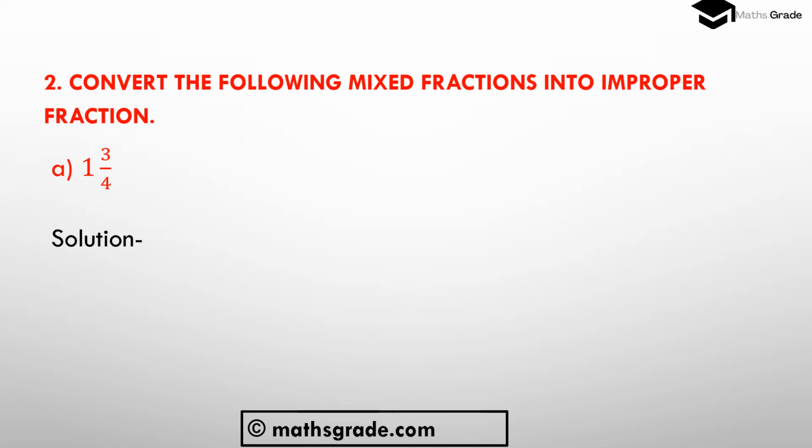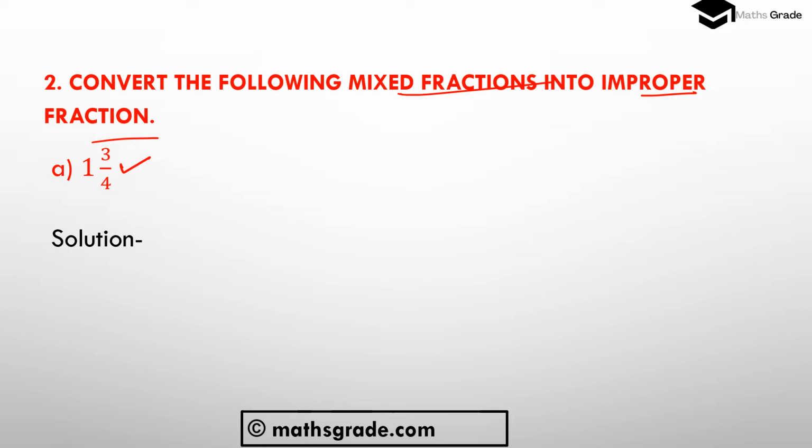Now question number 2, convert the following mixed fractions into improper fractions. First, part A, 1 and 3 divided by 4. We have to convert this mixed fraction into an improper fraction. 1 and 3 divided by 4 is a mixed fraction because 1 is a natural number and 3 divided by 4 is a proper fraction whose numerator 3 is less than the denominator 4.